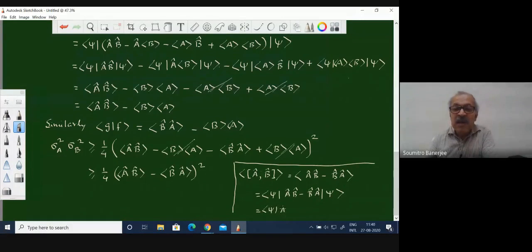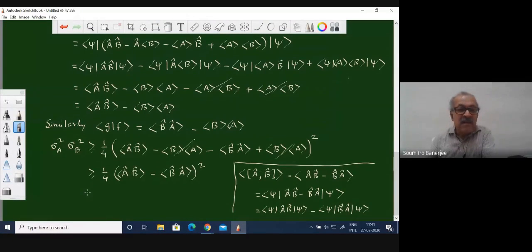Psi AB psi minus psi BA psi, and therefore you can see that AB expectation value minus BA expectation value is nothing but this, and this is what appeared here.